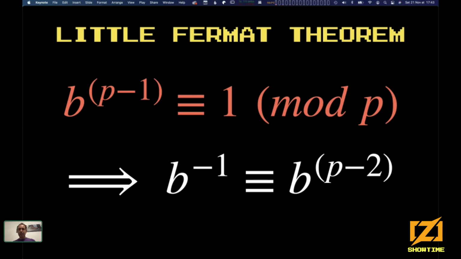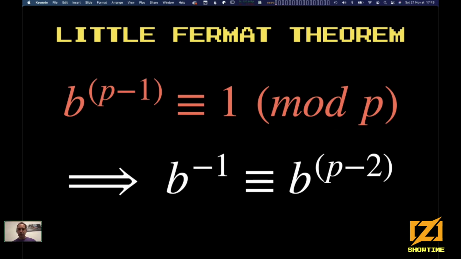Well, this is a little bit complicated, but there is a very simple method, which is called the Little Fermat theorem. The demonstration is not so simple, but the result is great. So this is only valuable if P is a prime, but if we raise B to P minus 1, mod P, we get 1.